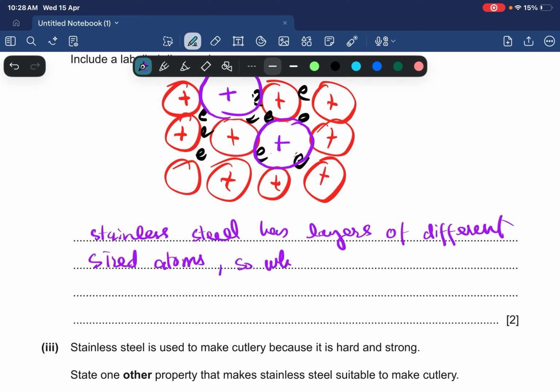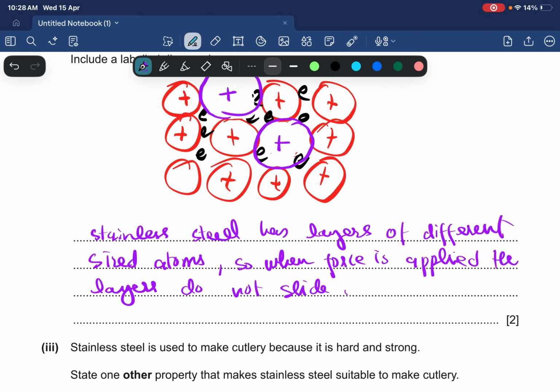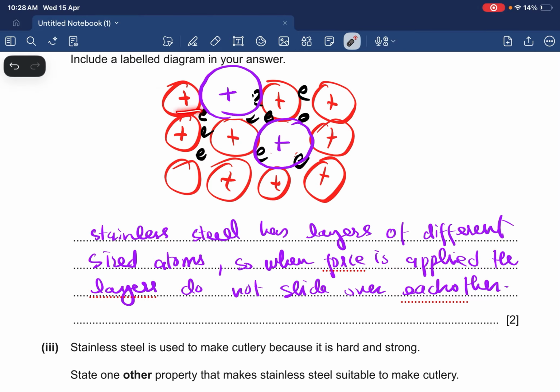So when force is applied, the layers do not slide over each other, making it harder and stronger than pure metals. Pure metals only had these red atoms that would slide, but your alloy had this red and this purple metal, so it's not gonna slide.